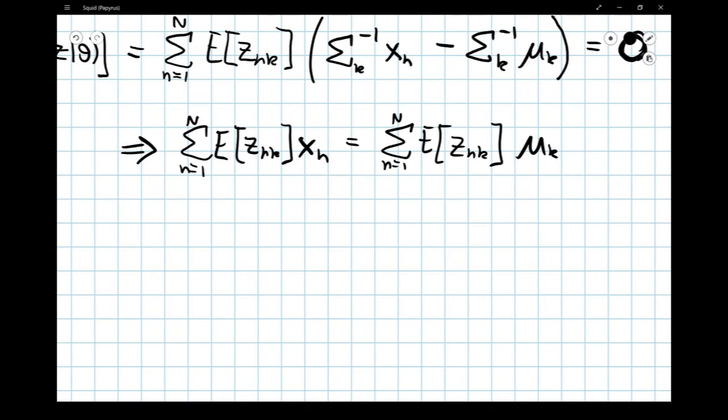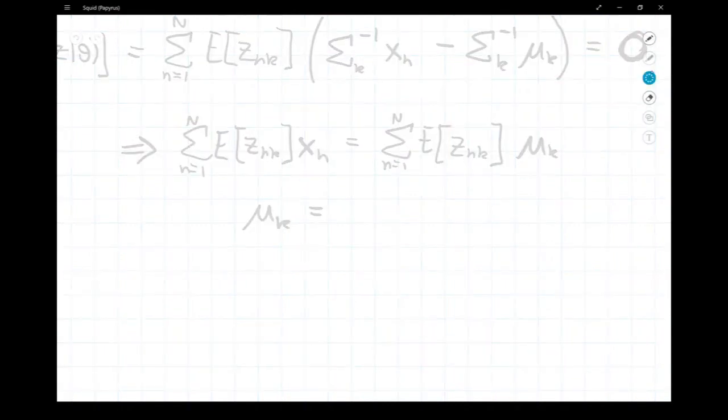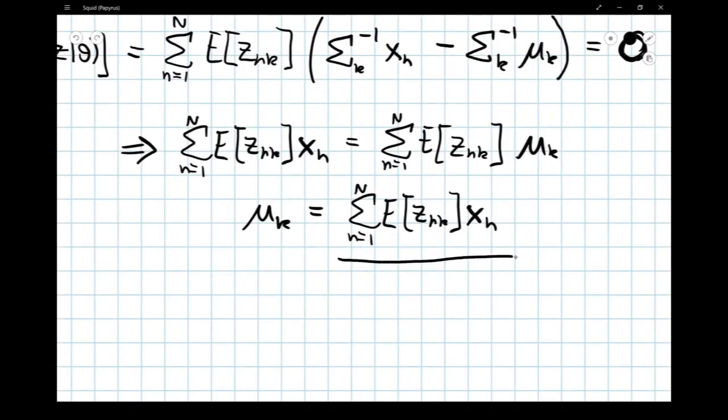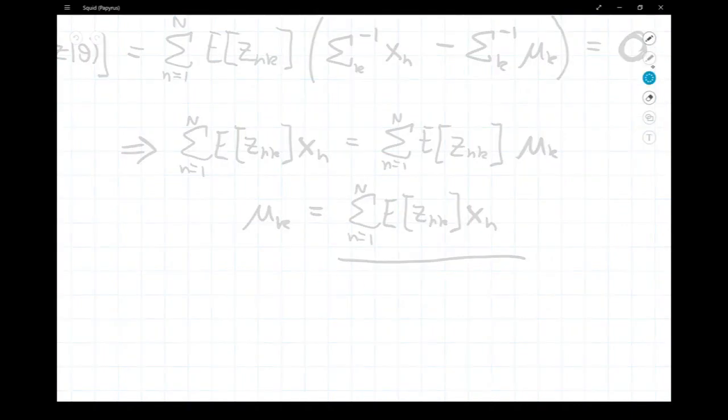And then we just rearrange this to find that our next mu k should be equal to, simply, we have a numerator, and then we have a denominator, which is equal to this.